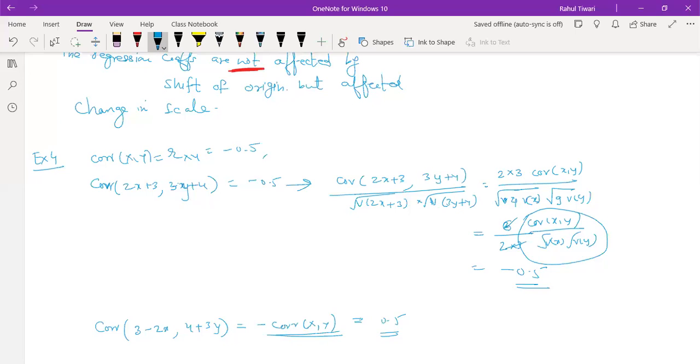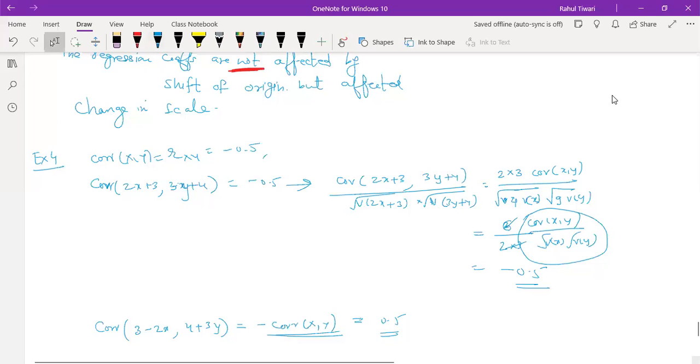Remember, minus. Why is it minus? See what I did here. I have taken this 2 and 3 out, which was my covariance. Similarly, here I have to take minus 2 and 3 out, which is minus 6. And that 6 will get cancelled with this 6, so minus will remain. So if minus remains and the correlation is minus 0.5, it becomes plus.